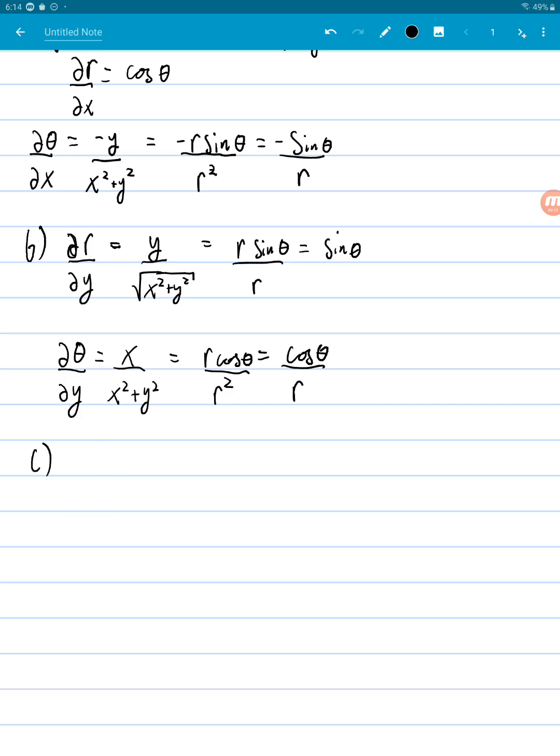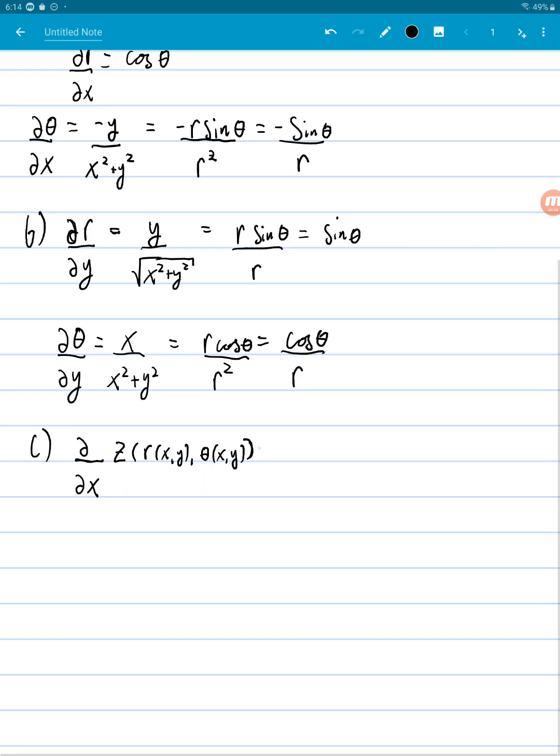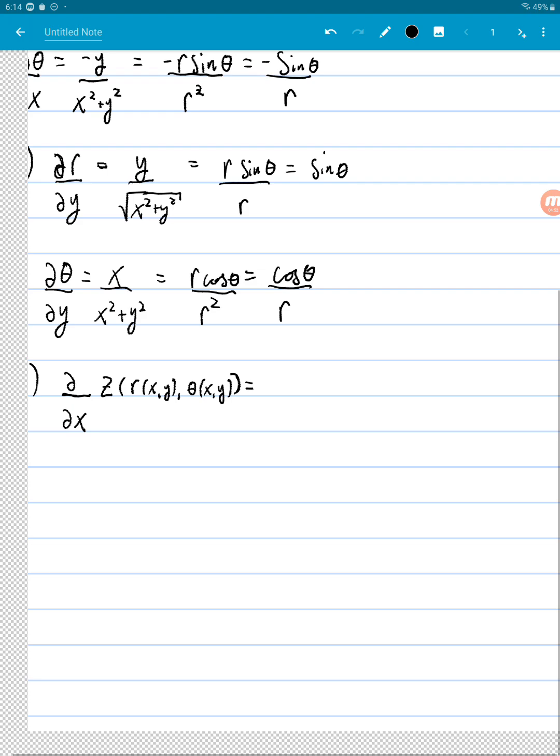So starting out with dz by dx, applying what we know about the chain rule for partial derivatives, we have d by dx of z of r of x y, theta of x y. So z is a function of r and theta, but r and theta are functions of x and y. We're taking the derivative with respect to x.